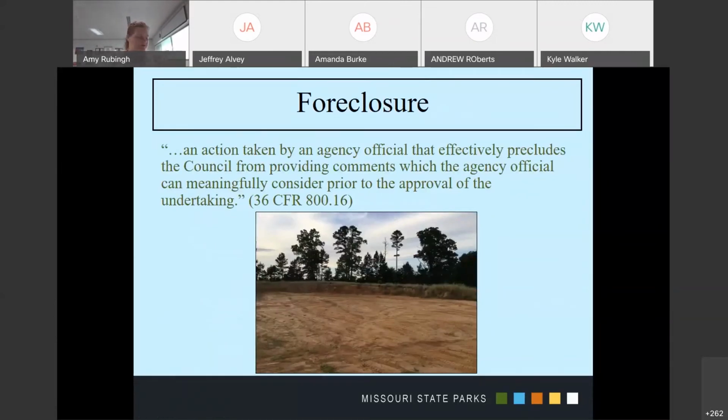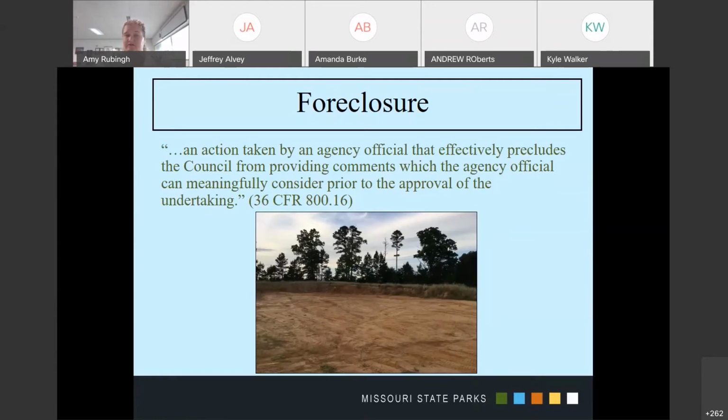So this is where we're going to talk about foreclosure. Foreclosure is one of those things that is very important, and everybody doing federal projects, applying for federal money, should understand, because it can jeopardize your federal funding.